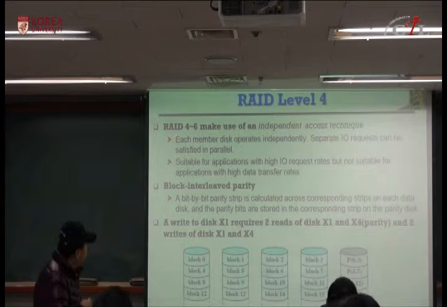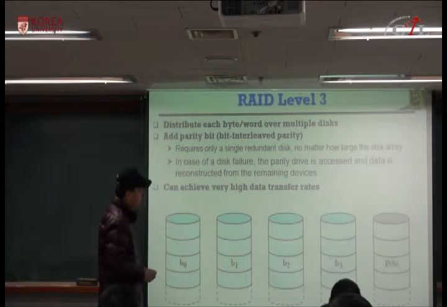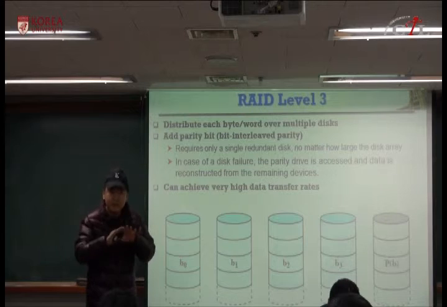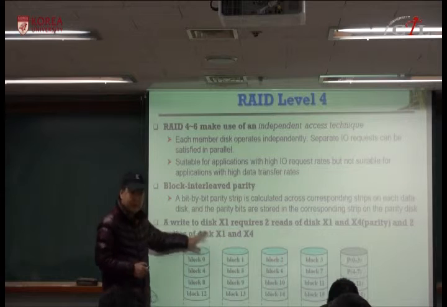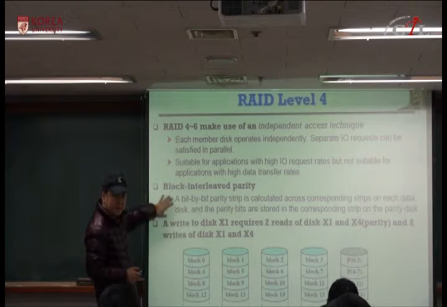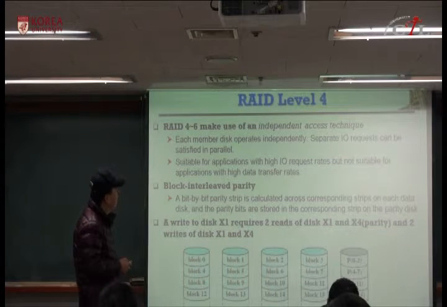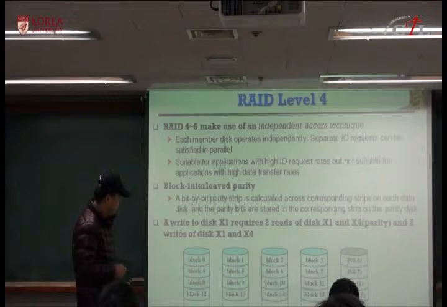So RAID levels 4 to 6 make use of an independent access technique, which means each disk can operate independently. Before, to transfer, all disks worked in parallel, because bit by bit they are distributed, right? So here, it is block level distributed. So each member disk operates independently.